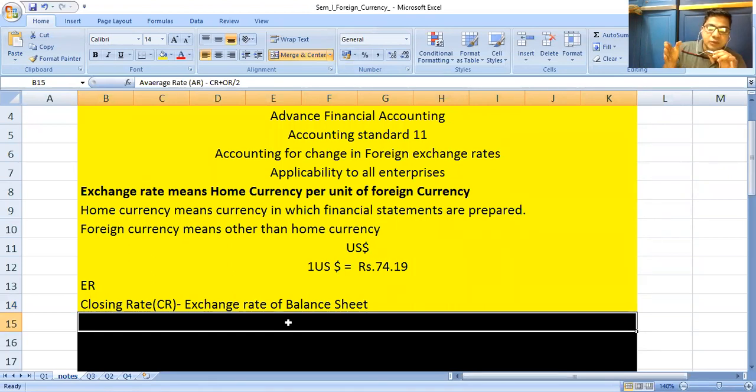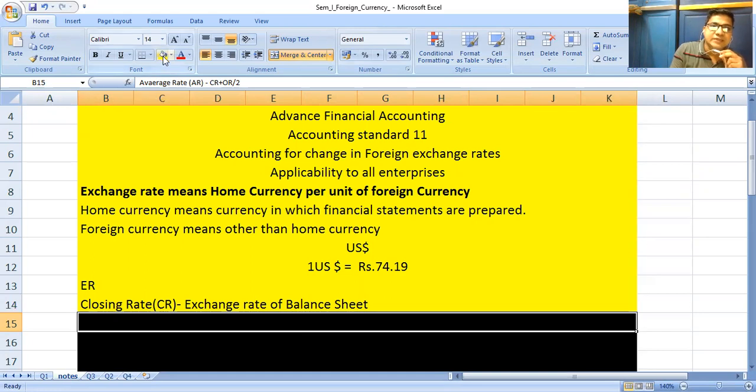Suppose our year end is 31st March 2021. On 31st March 2021, what was the rate of rupees per dollar? Such a rate we have to apply while preparing the balance sheet. What kinds of items we can use the closing rate for, we will discuss.